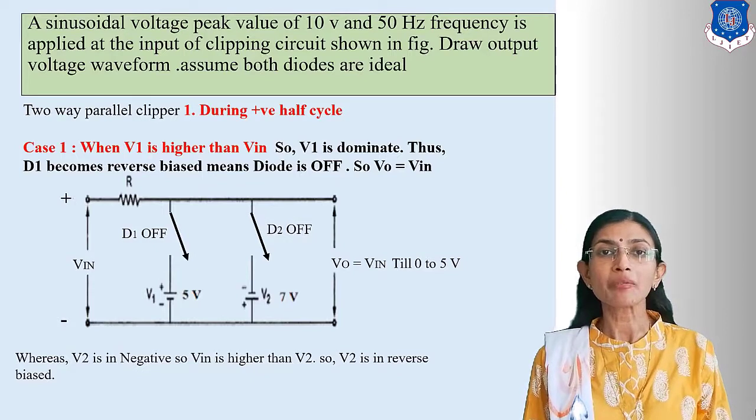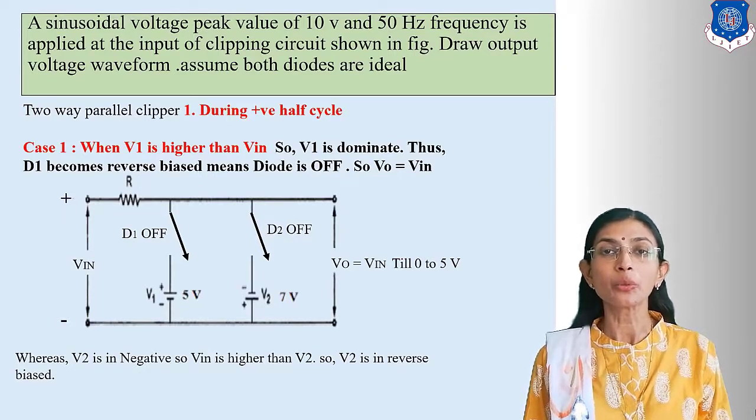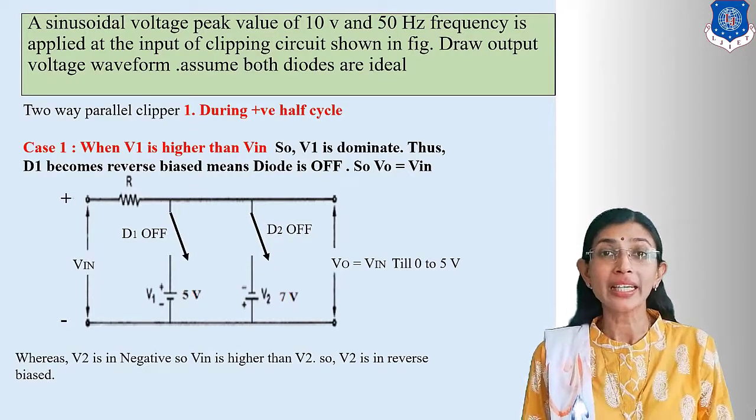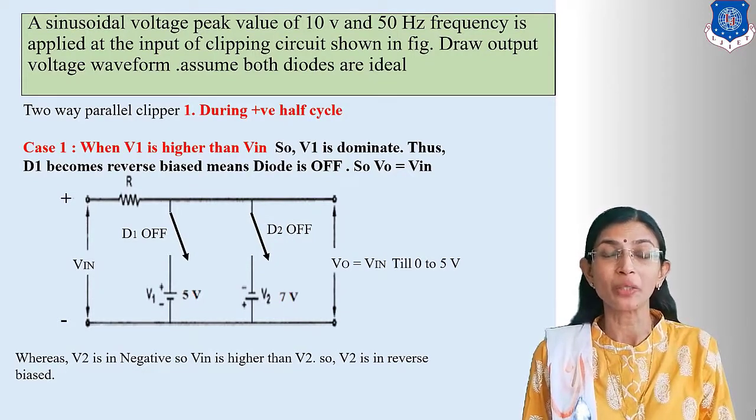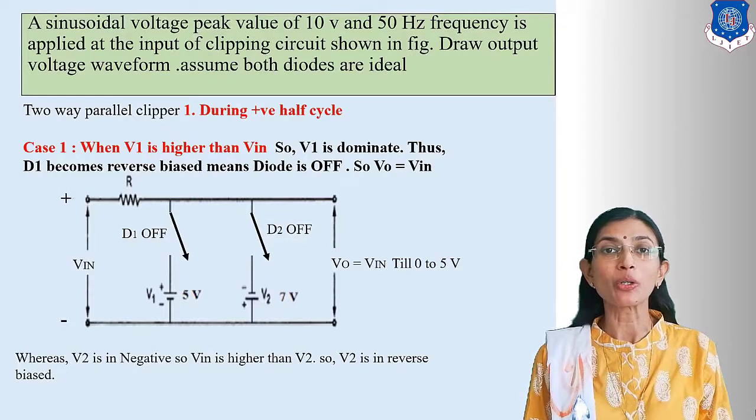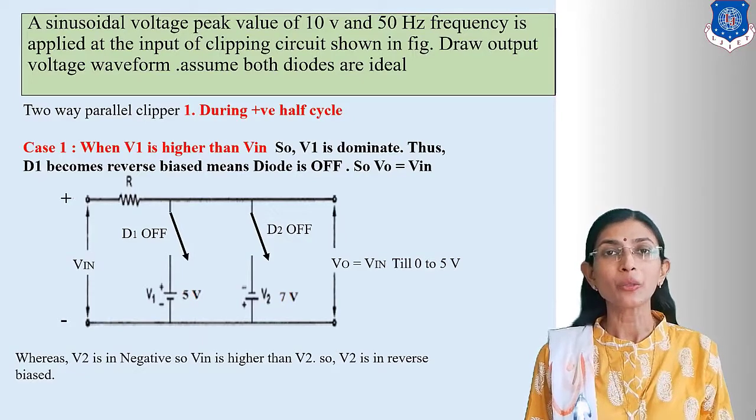If plus 5 volt is effective and input is not effective, that's why D1 and D2 both diodes are reverse biased, open switch, and therefore it will act as a window. It is said to behave like a window, that means output follows the input. Output is exactly like the input when both diodes are open switch.